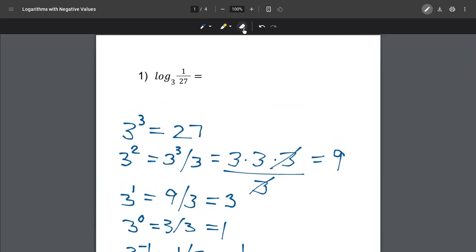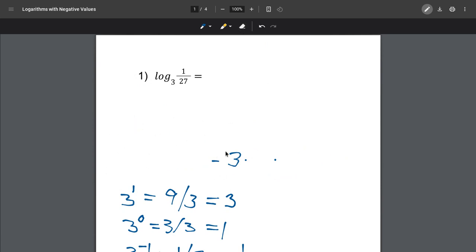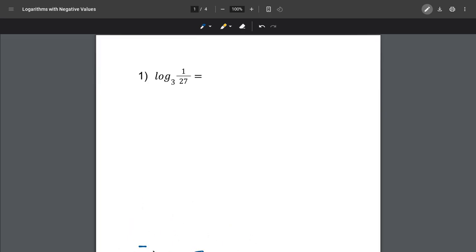Let's get some room here and erase some stuff. 3 cubed is 27, so if this were log base 3 of 27, my solution would be 3.